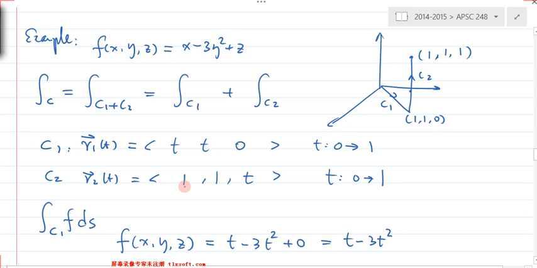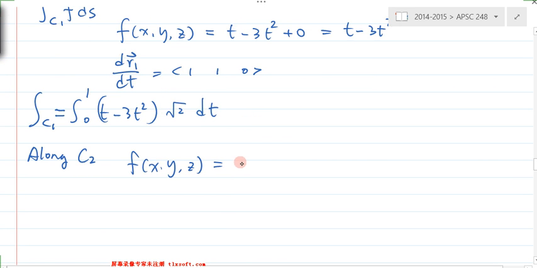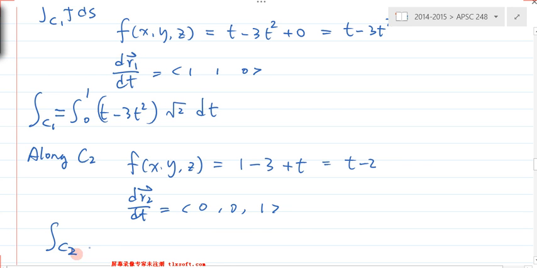Remember what I said: if you put 0, 0 here, then the function f won't be right when you replace with x of t. So 1 minus 3 plus t, which is t minus 2. And dr2 over dt: it's 1, 1, t, so the derivative is 0, 0, 1.